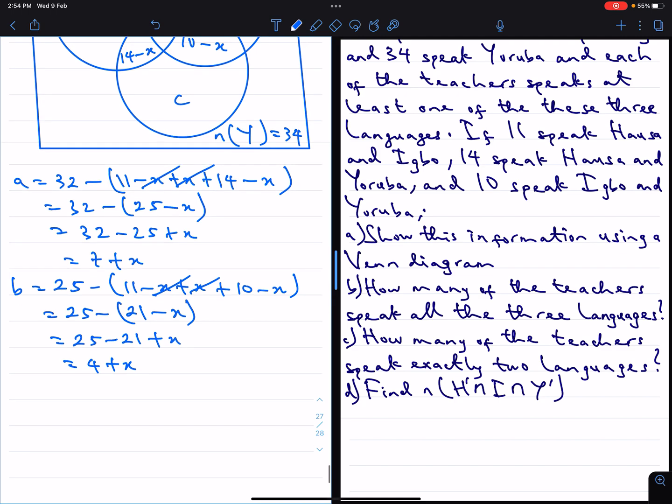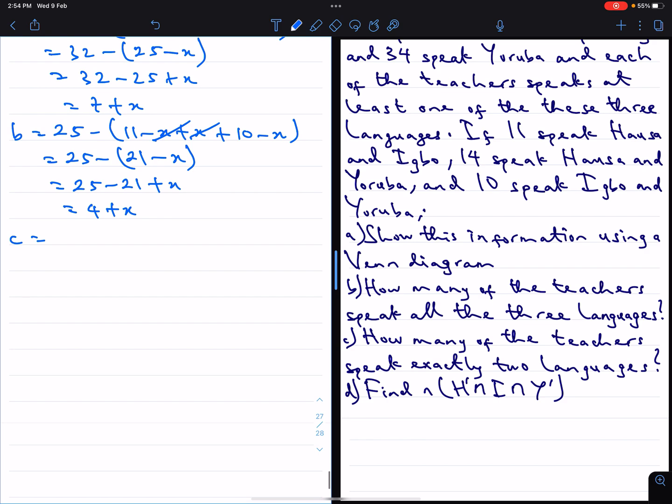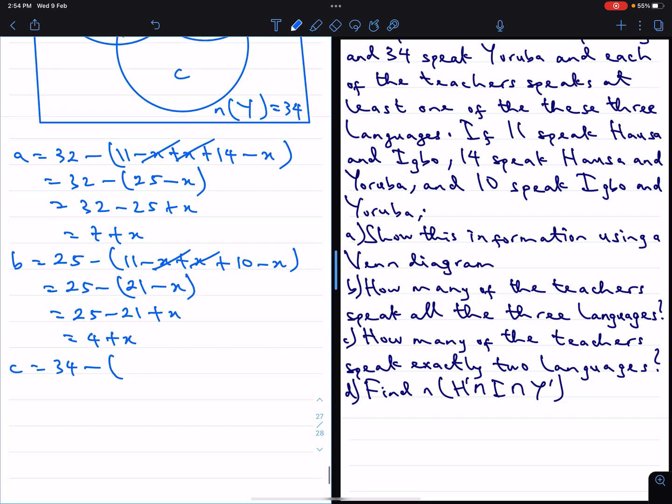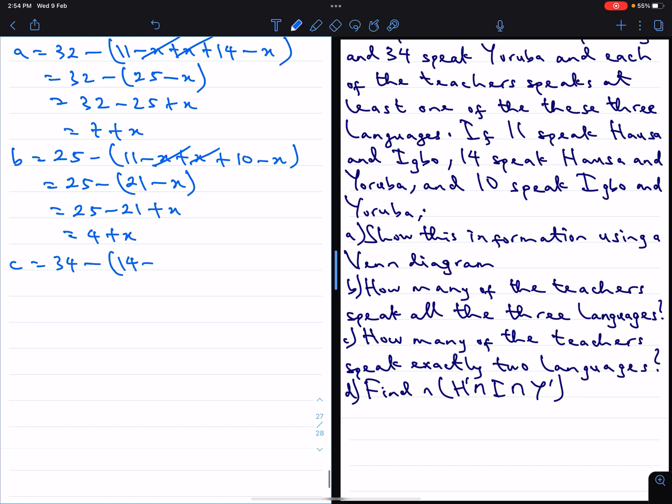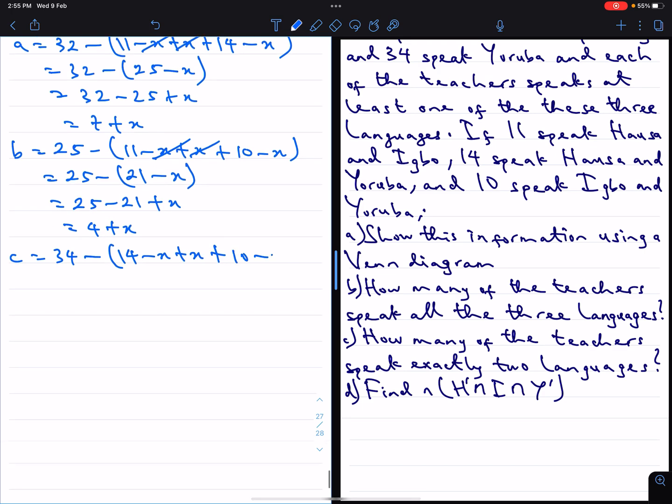Now let's find the number of teachers who speak only Yoruba. That is C. I can say C plus 14 minus x plus 10 minus x equals 34. Or the same way I did the rest, C equals 34 minus open bracket 14 minus x plus 10 minus x, and that's equal to 34 minus, x plus x is 0, 14 plus 10 is 24.